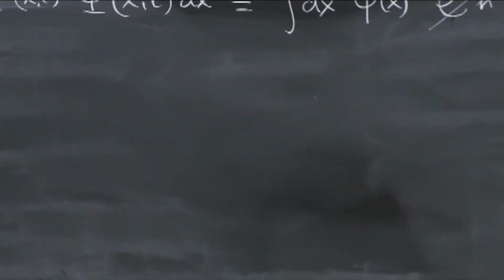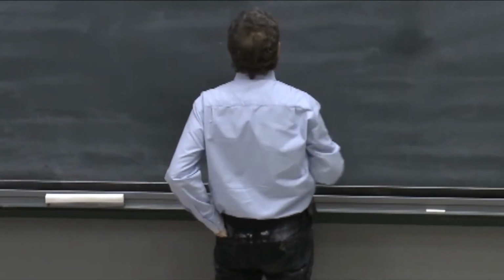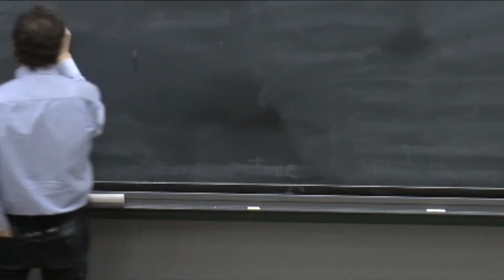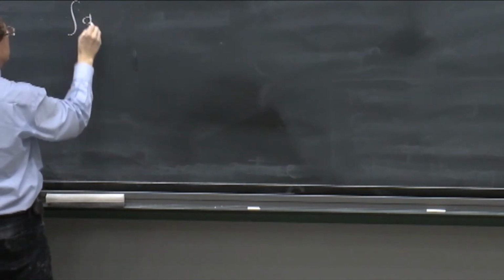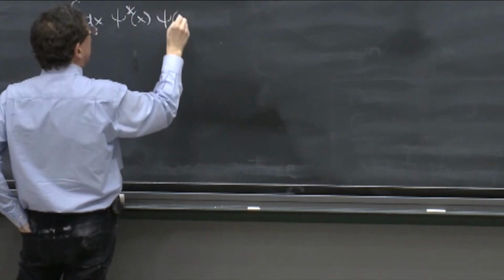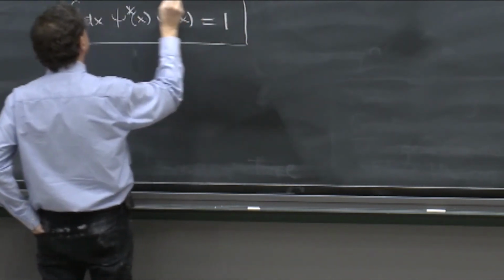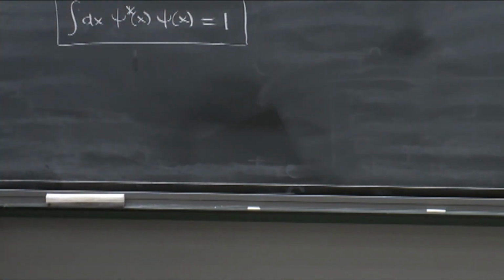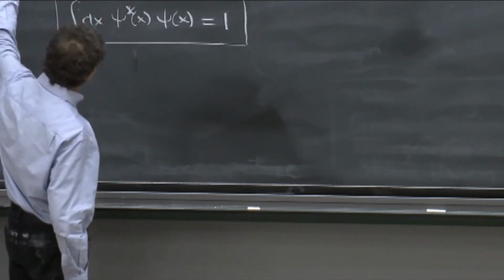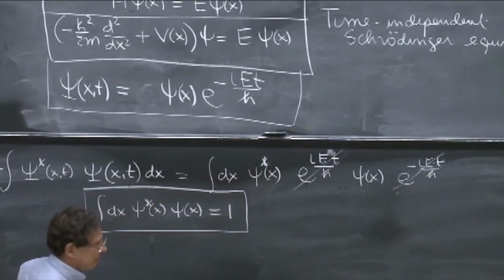So E must be real, because otherwise you don't cancel this time dependence, which, when it cancels, happily tells you that the integral dx of psi star of x psi of x must be 1. Which is a very nice thing. So in a stationary state, the normalization condition for a full time-dependent stationary state is that the spatial part is normalized.